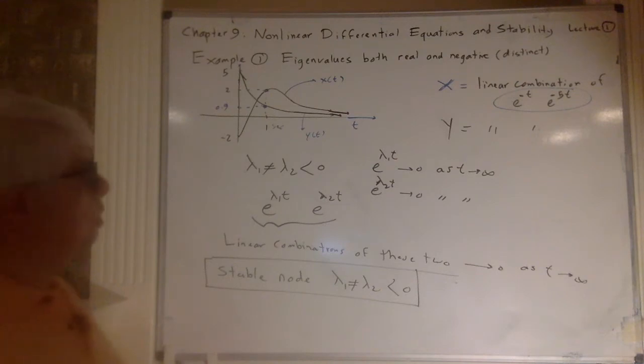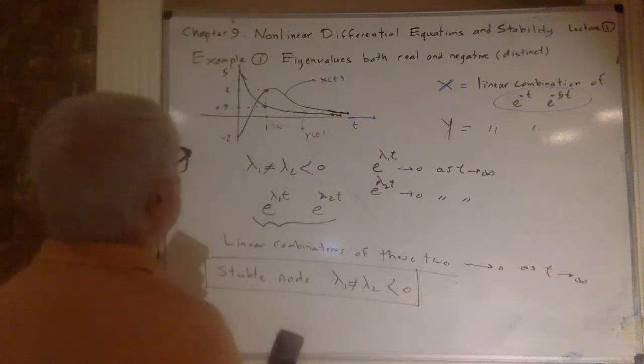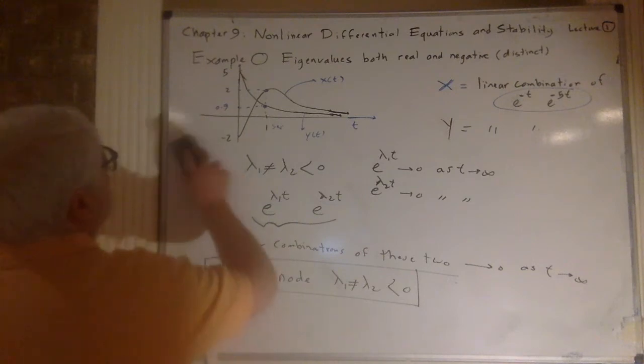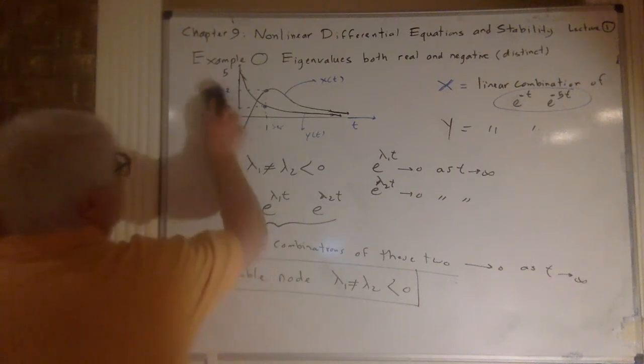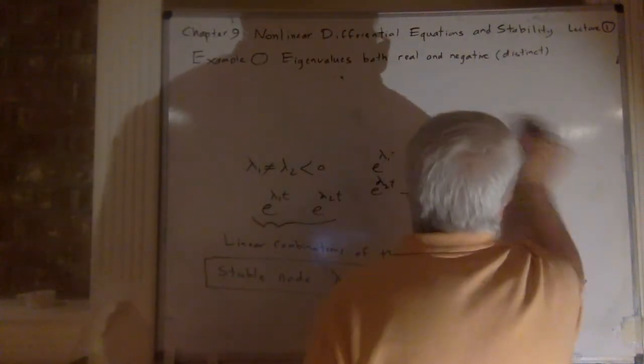Now, what happens if they are both positive? Well, you can guess. Positive means they go the other way. They're divergent. Well, let me write another example for you. Let me erase everything here.